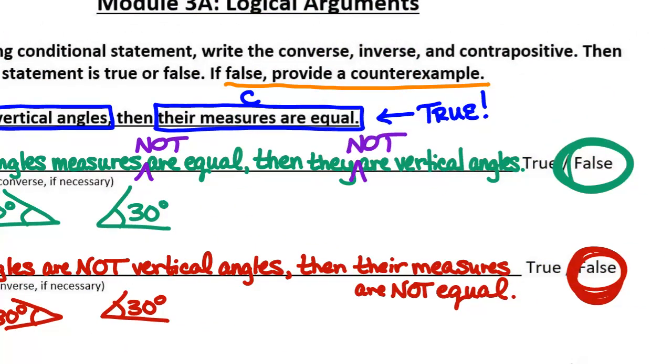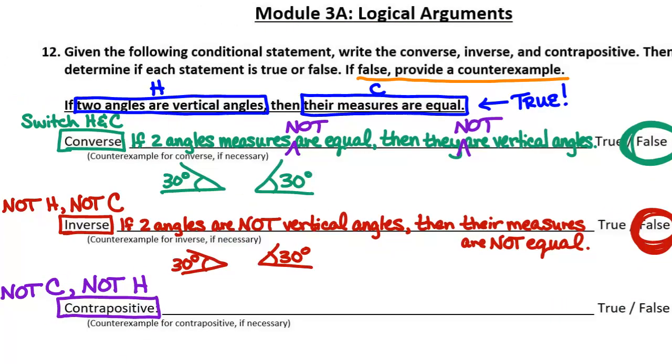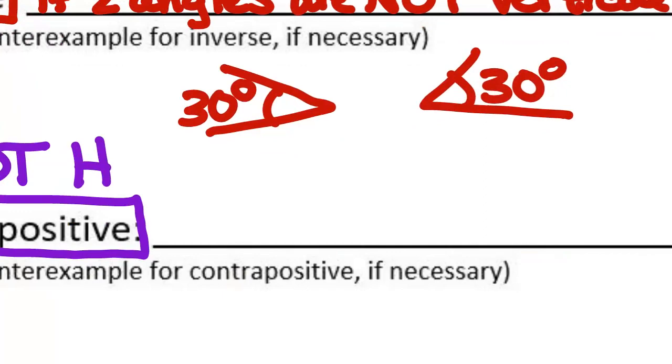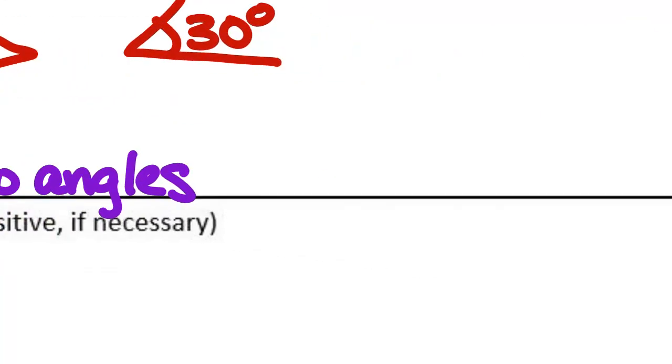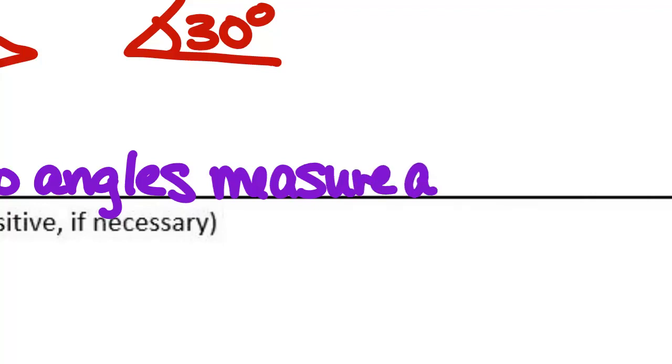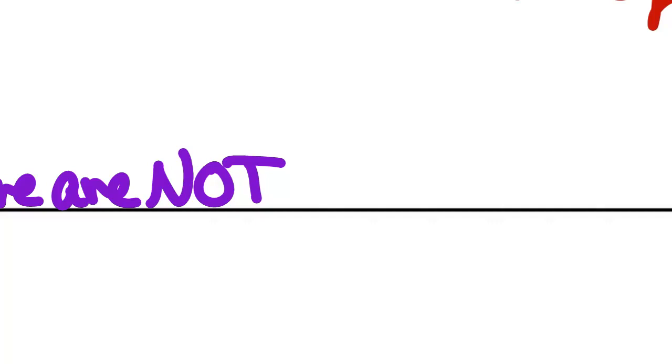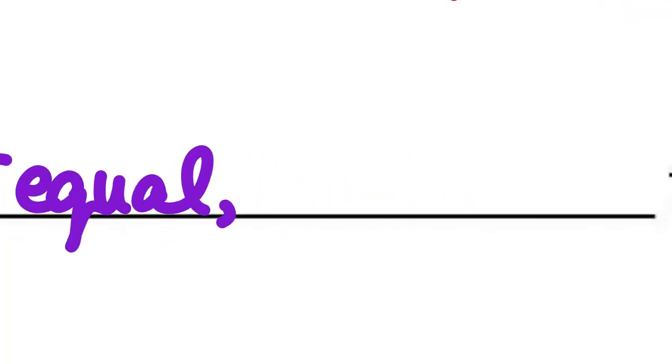That would make my contrapositive: if two angle measures are not equal, then they are not vertical angles.